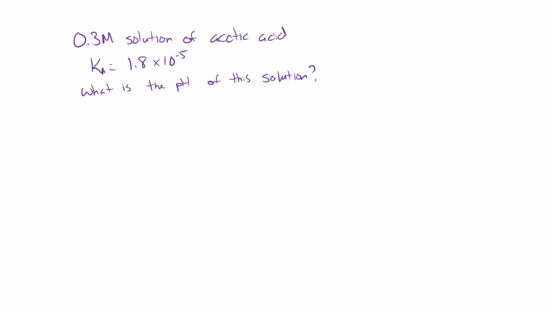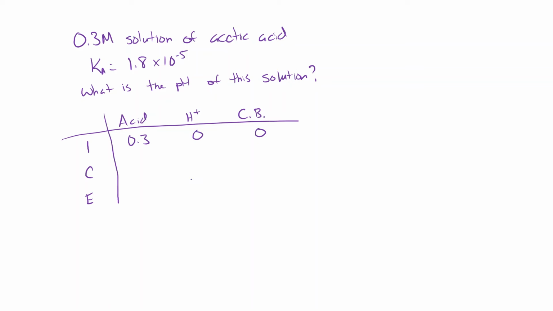And so to figure this out, we need, again, an ice table, right? But where you have a different set of values to put in here. So acid, H plus, conjugate base. We have an initial solution of the acid. These are all 0. We don't have a value, but this is the one that we want, right?